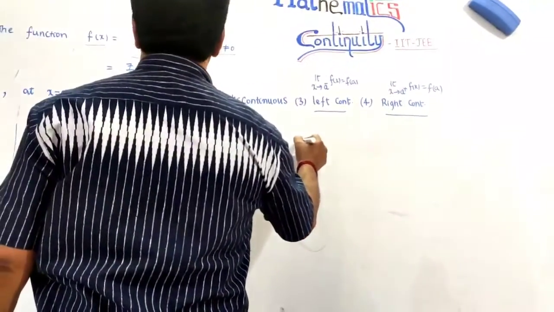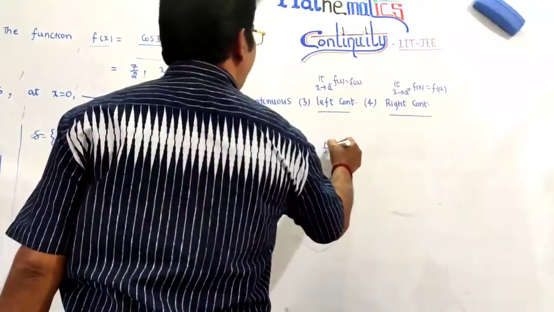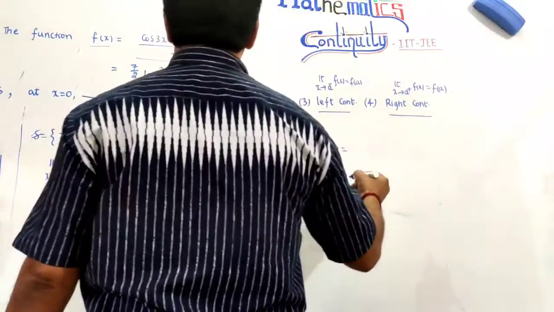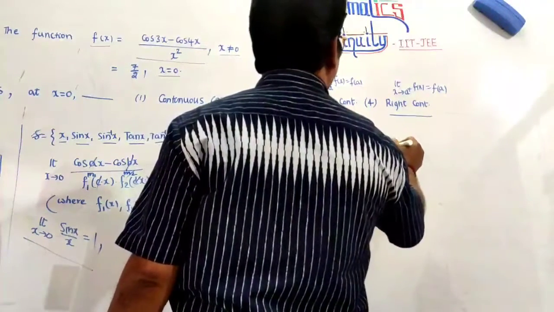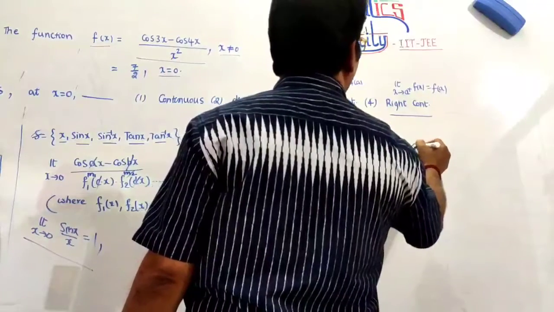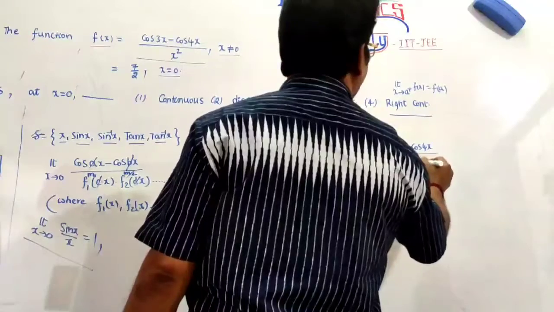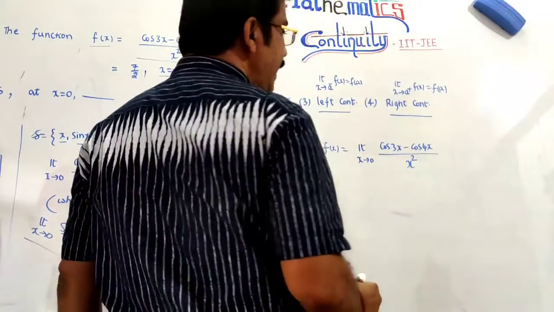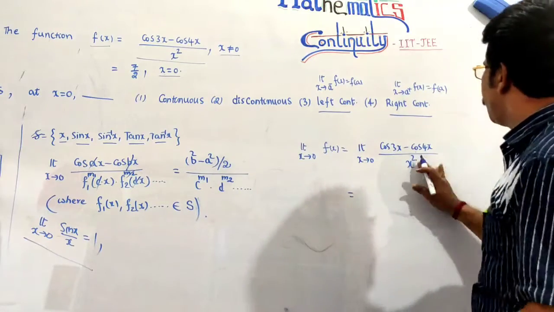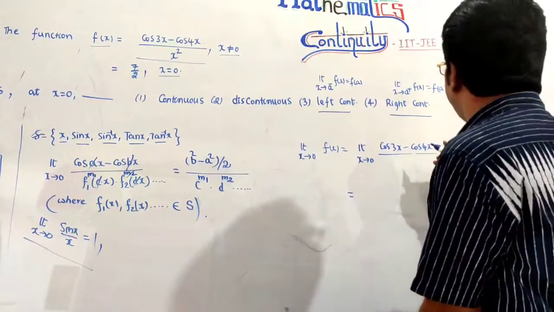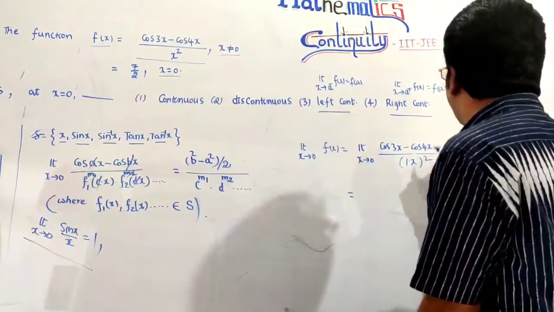So therefore limit x tends to 0 f of x is equal to limit x tends to 0 cos 3x minus cos 4x divided by x square. Understand? You come here. X square can be written as 1 into x whole square.